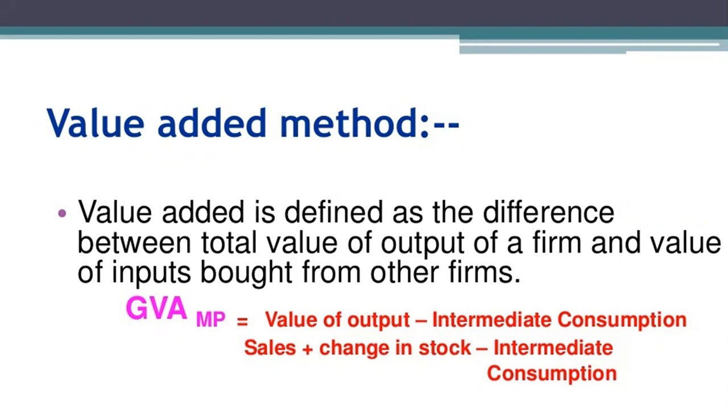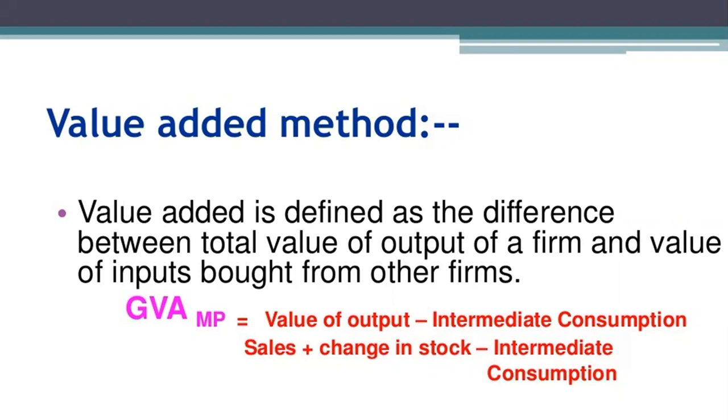So that is why we have to take these types of precautions when we are using the value added method. For avoiding double counting, we have to use the final output method and the value added method. It will be helpful for us.